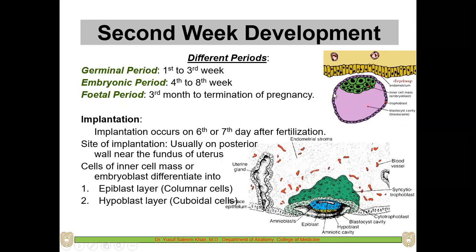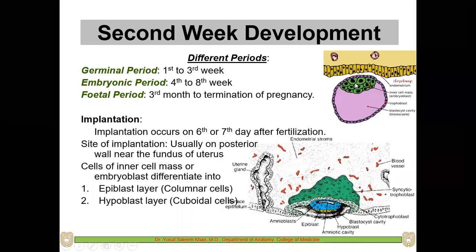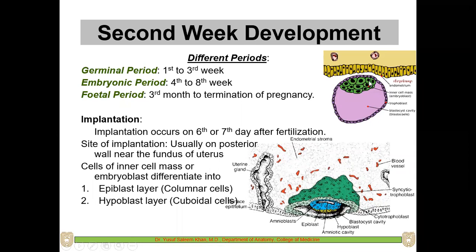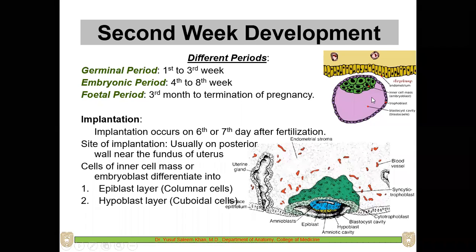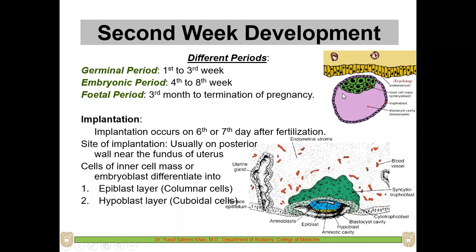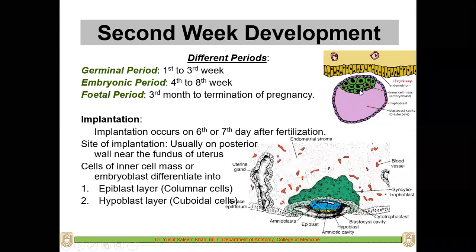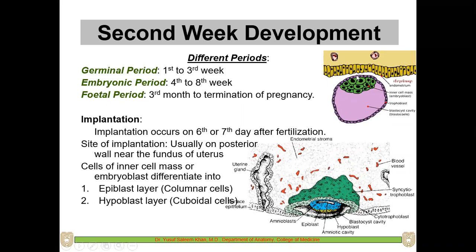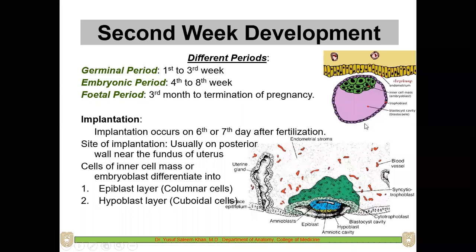The outer cells, the trophoblasts, help in protection and providing nutrition, and the inner cell mass, the embryoblast, will develop into the embryo. There is a cavity formed within that, called the blastocystic cavity, or blastocele, and the whole structure is called the blastocyst.